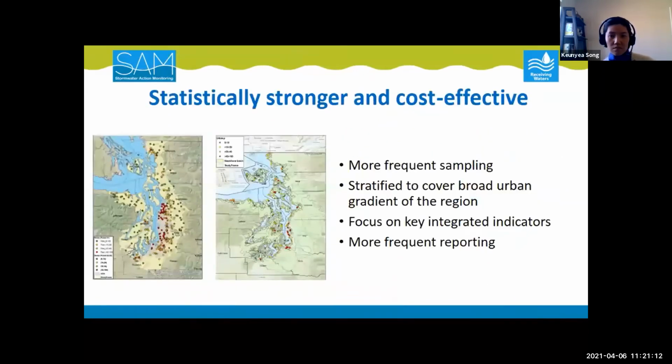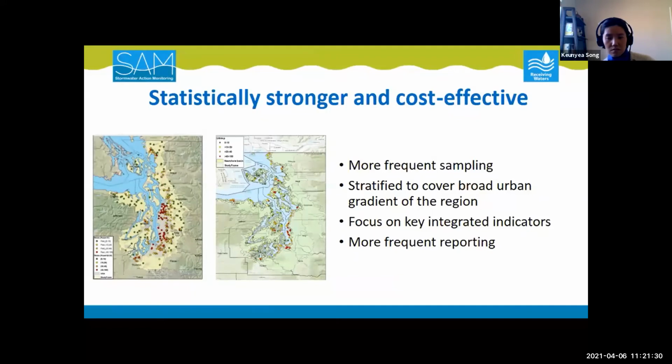We believe that this new study design, which we have been implementing in this permit cycle from 2020, will make the stormwater receiving water monitoring more cost effective and statistically stronger.